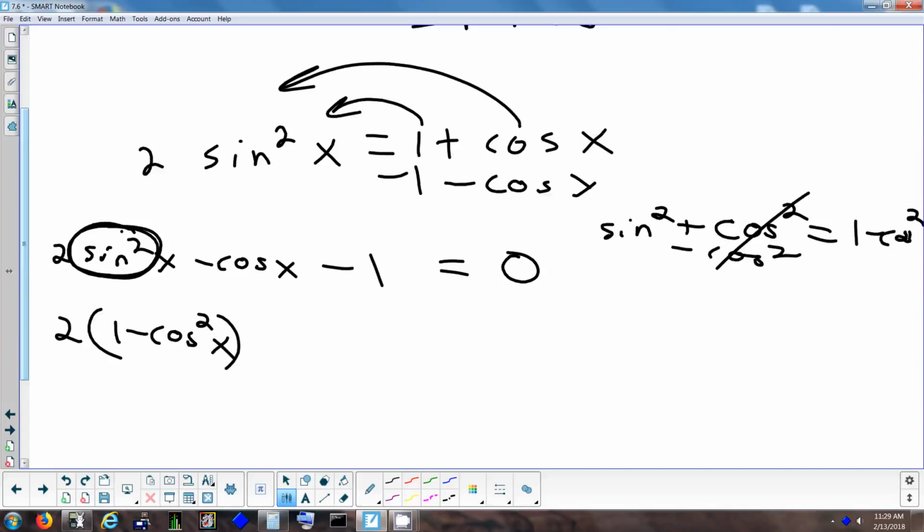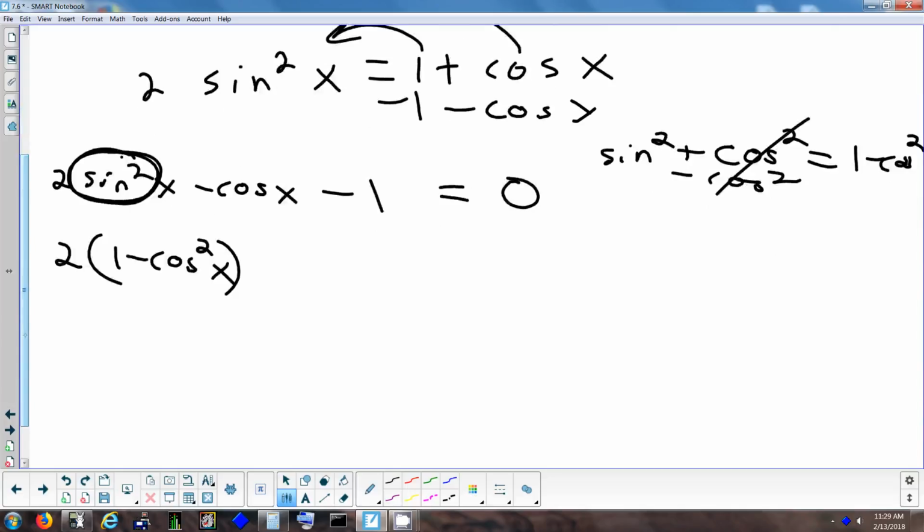So start with that. What do I do with the rest of it? Just copy it down. Keep it the same. Now what do I do with this 2? Times by 1 and then minus 1.